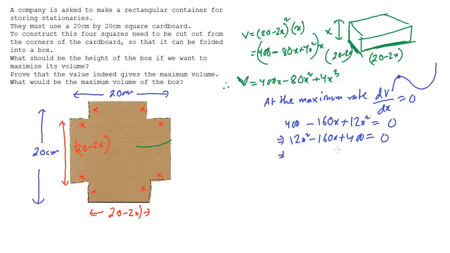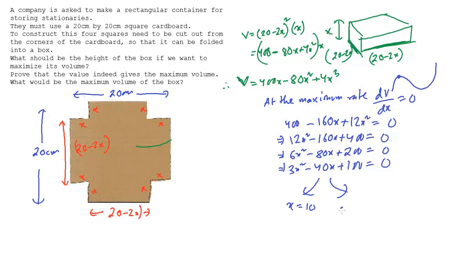I can divide this by 2, so 6x squared minus 80x plus 200 equals 0. Then I can divide this again by 2, so this would be 3x squared minus 40x plus 100 equals 0. Now I have to find the two values of x. Let me do this very quickly. So we have x equals 10 or x equals 10 by 3.